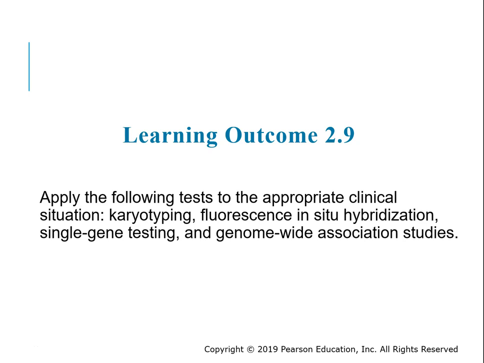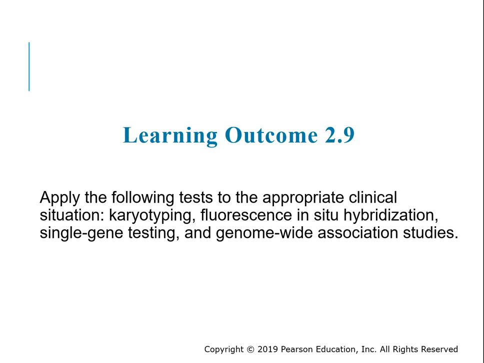Now this gives you some examples of different clinical genetic tests. Again, these are just basic examples and it doesn't go into much detail. This is something you could go into more detail on your own, but it's beyond the scope. We're meant to just touch on this and give you some examples.